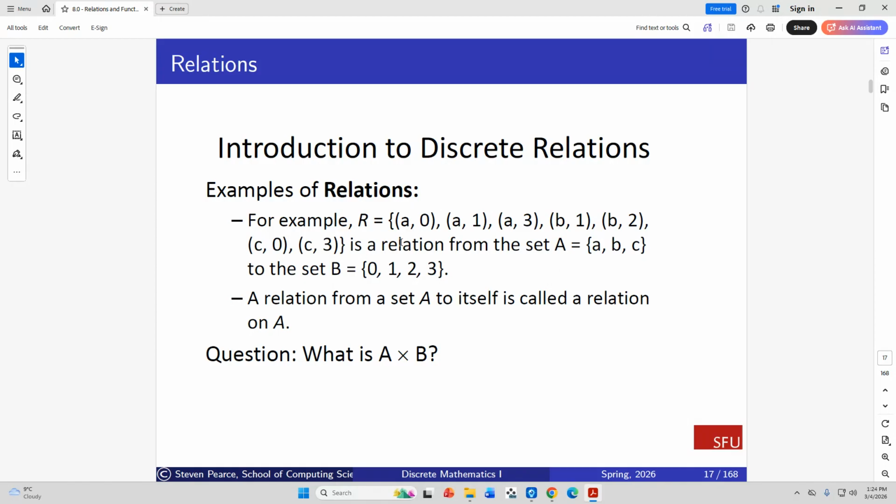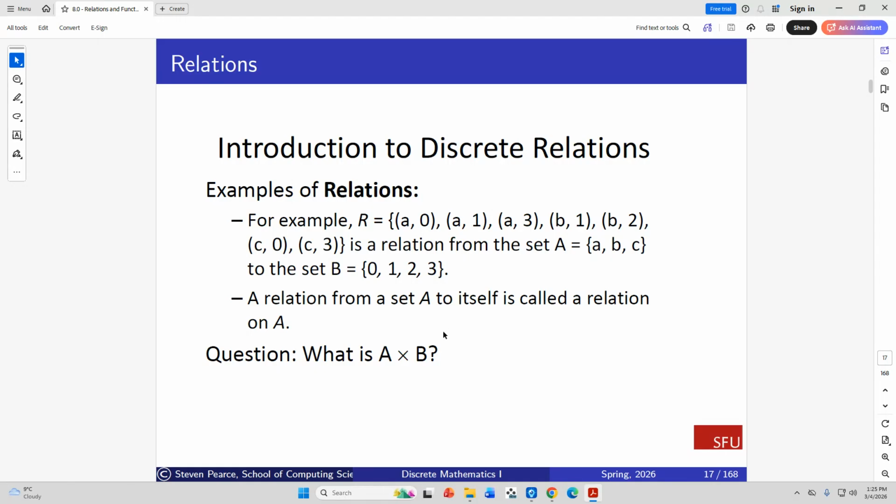It is simply a subset of all the possible pairs, which are (a,0), (a,1), (a,2), (a,3), (b,0), (b,1), (b,2), (b,3), (c,0), (c,1), (c,2), (c,3). That's all the possible elements of the Cartesian product, and this is simply a subset of all the possible ordered pairs of the Cartesian product A cross B.